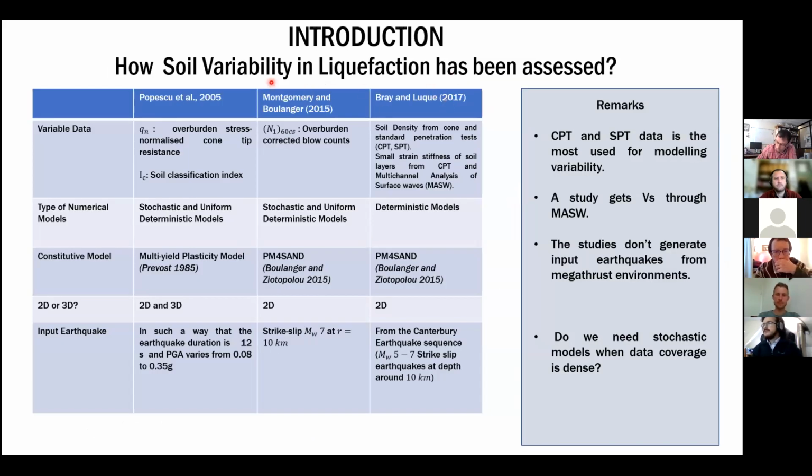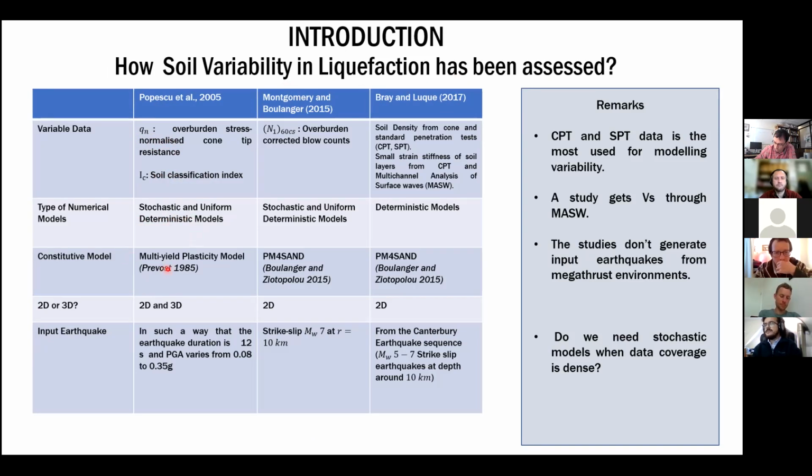In this table, I want to talk a little about how soil variability in liquefaction has been assessed. For example, in Popescu et al., the variable data is the overburden stress, normalized cone tip resistance, and the soil classification index. For numerical models, they use stochastic and uniform deterministic models.